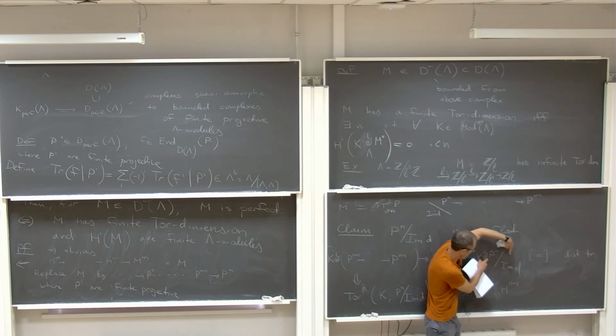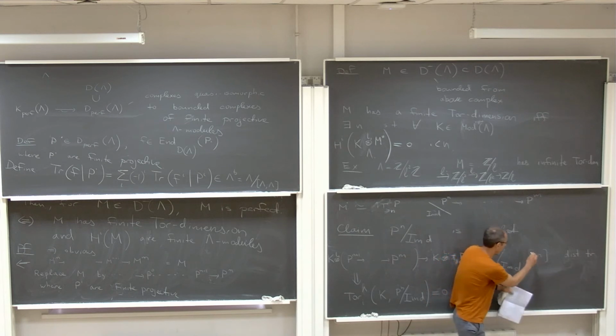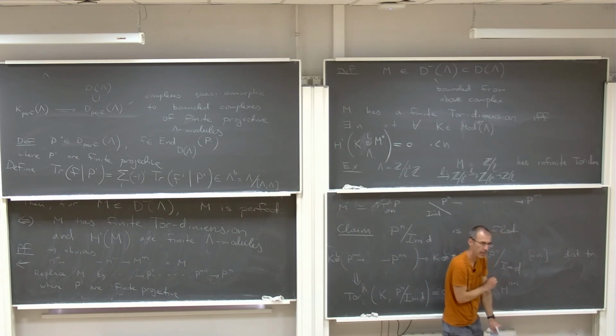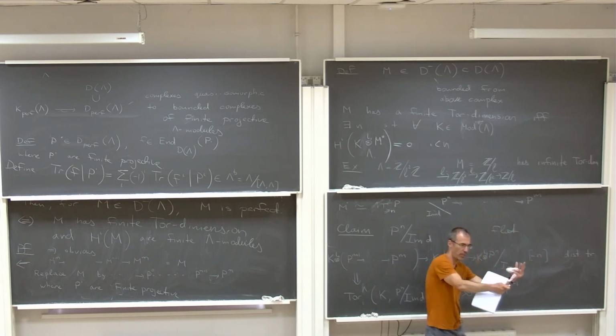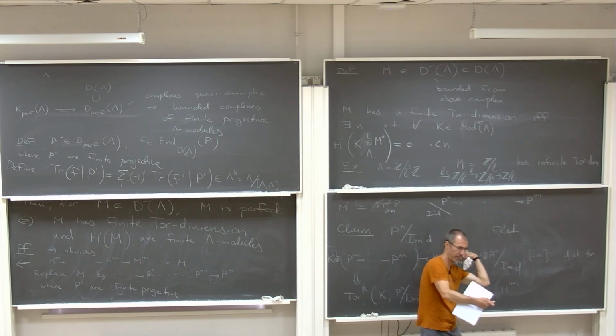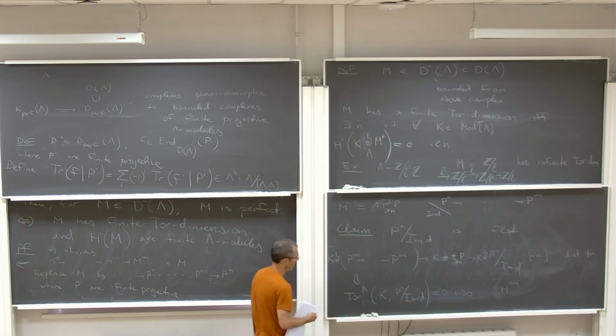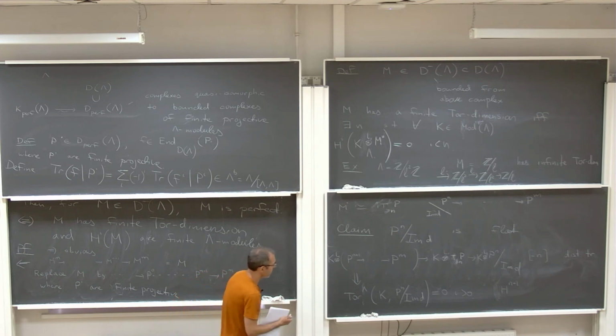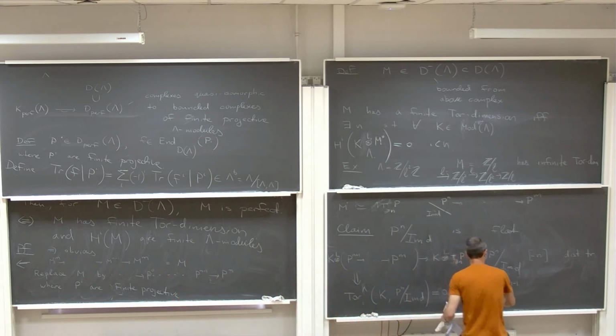So this must be put in cohomological degree n. That means that I need to shift it by negative n, right? Remember that shifting by 1 is shifting to the left. Okay?